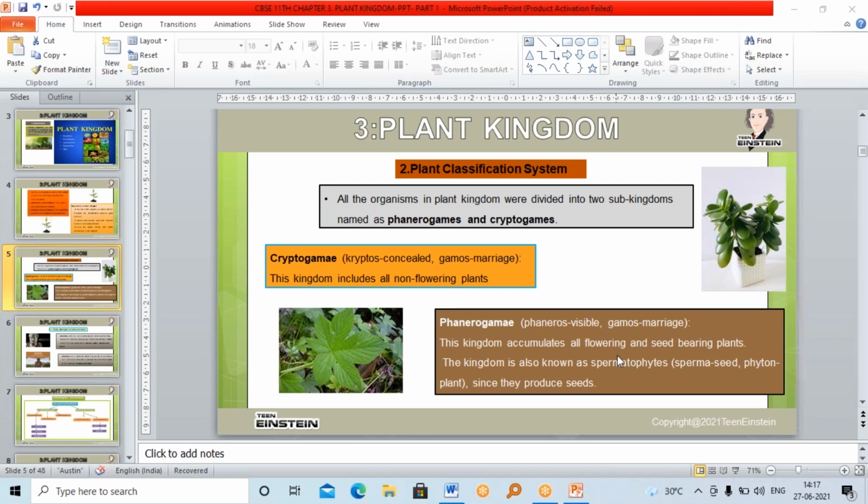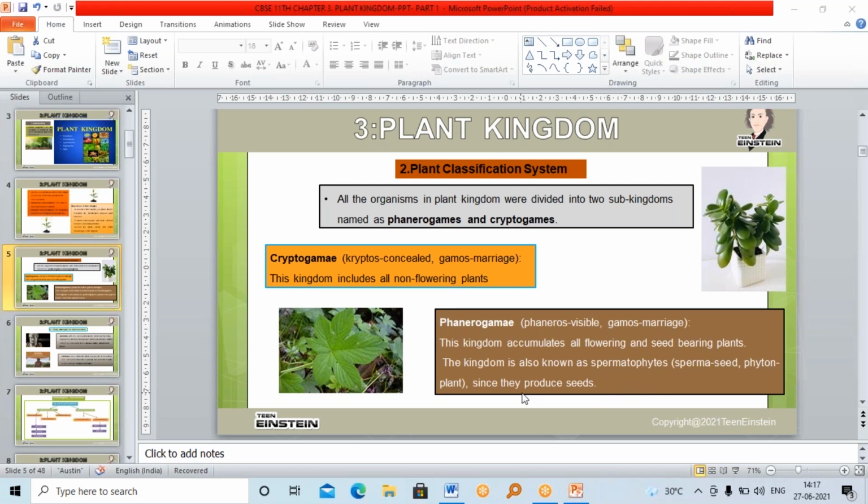And this subkingdom is also known as spermatophyte. Note down this. Phanerogamy is also known as spermatophyte, which have visible reproductive structures. Sperma means seed. Phyton means plant. Seed-bearing plants. I said here, all the flowering and seed-bearing plants are coming under phanerogamy, means with visible reproductive structures.